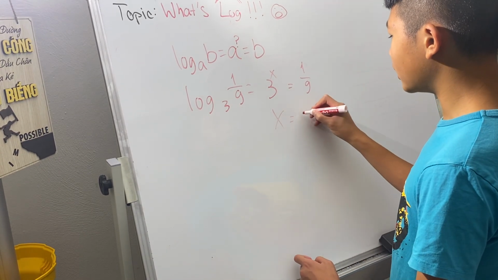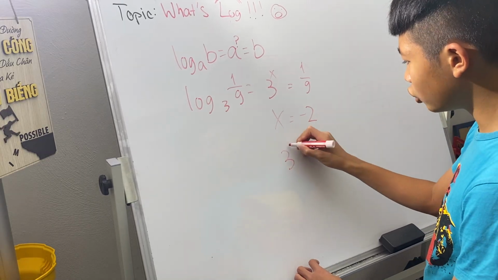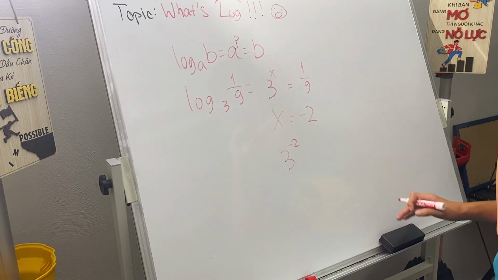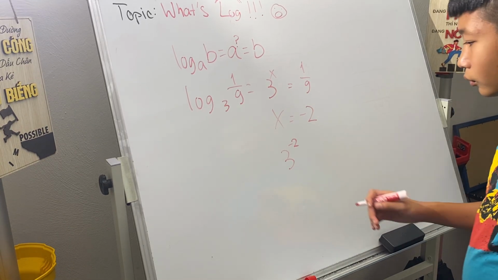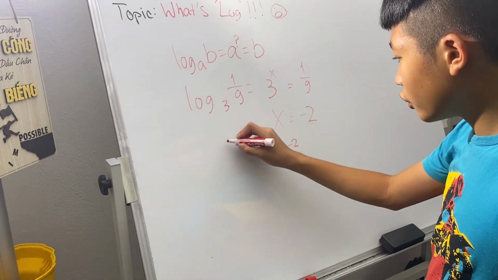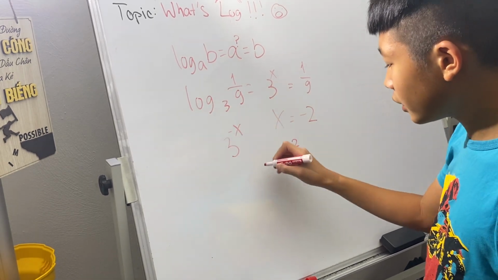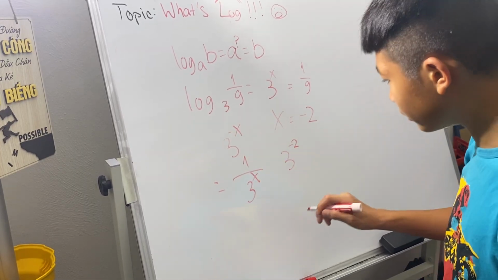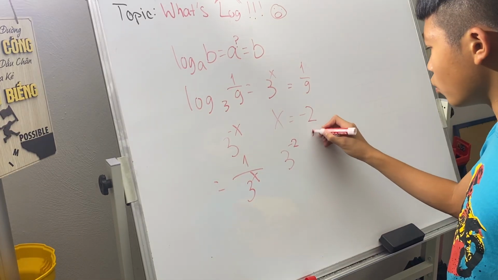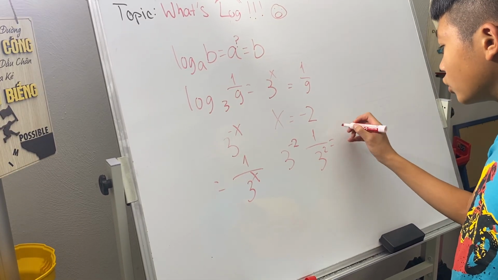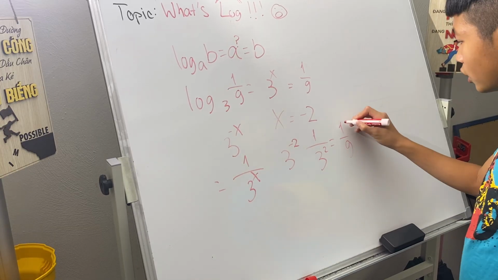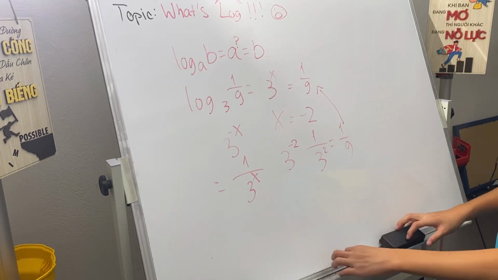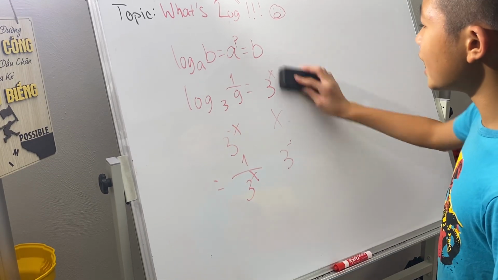So x is equal to -2. Why? Well, here's the formula for dealing with a negative exponent. 3 to the negative something equals 1 over 3 to the positive something. So basically you bring this down, so it'll be 1 over 3 squared, which is 1/9. And you see, that's the answer. But now, you're gonna make it more challenging.